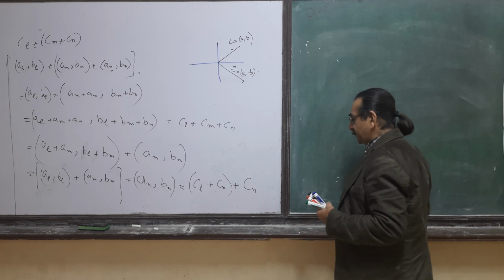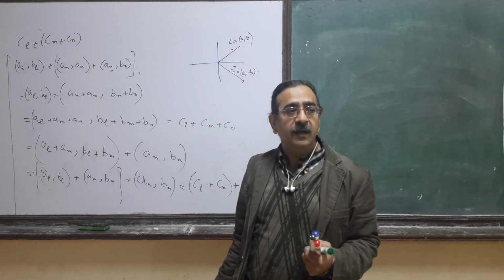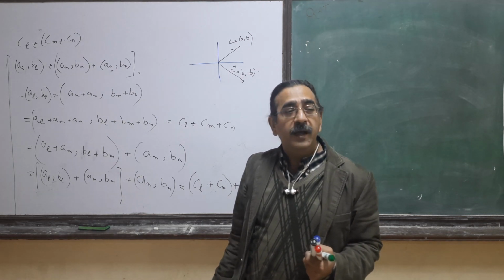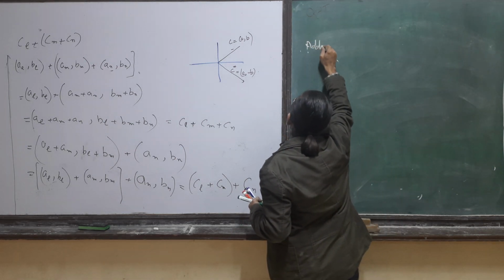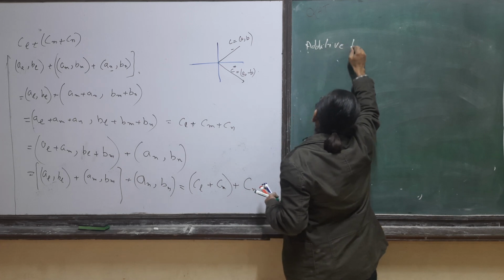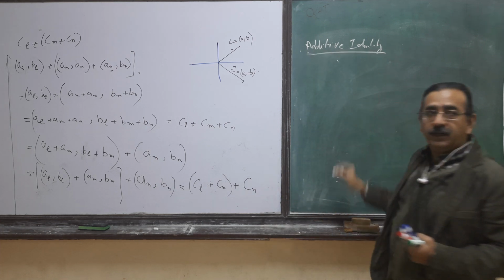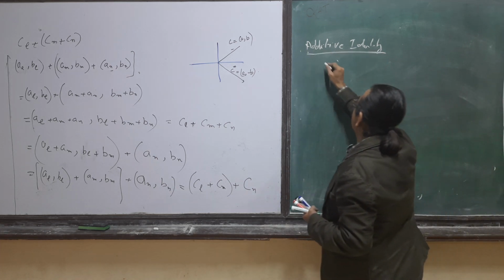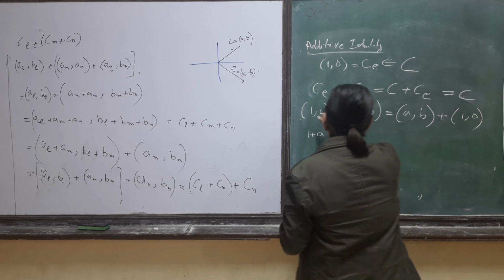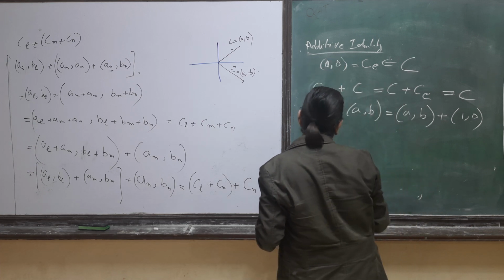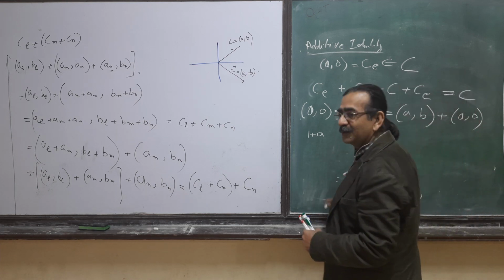Third is inverse, identity, additive identity in complex numbers. Sorry, one minute. Sorry. 0, 0. Sorry, I was wrong. 0, 0. Yes, you are right. Yes, you are right. Thank you.